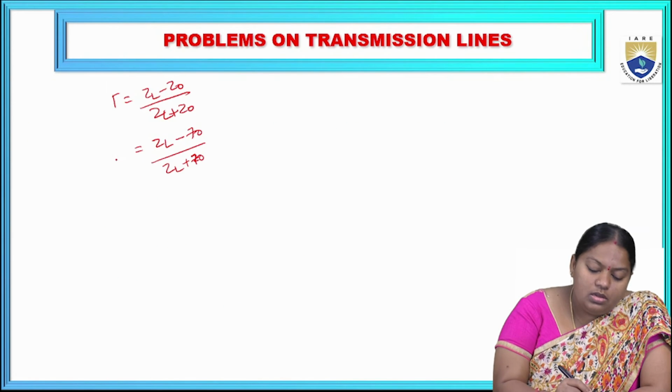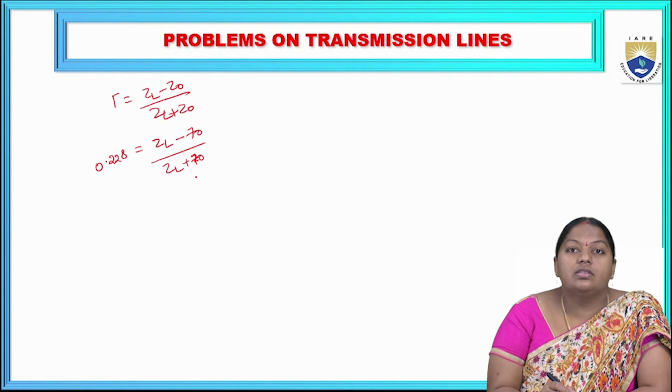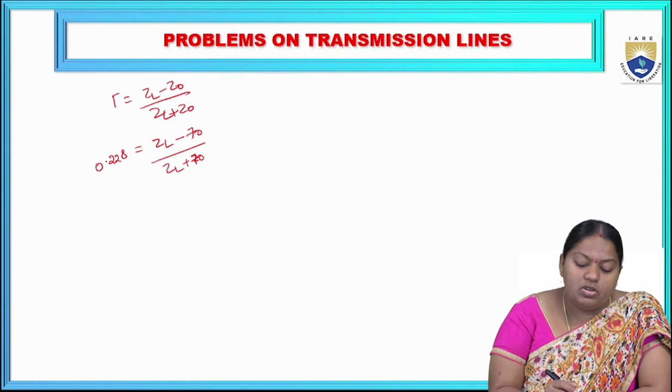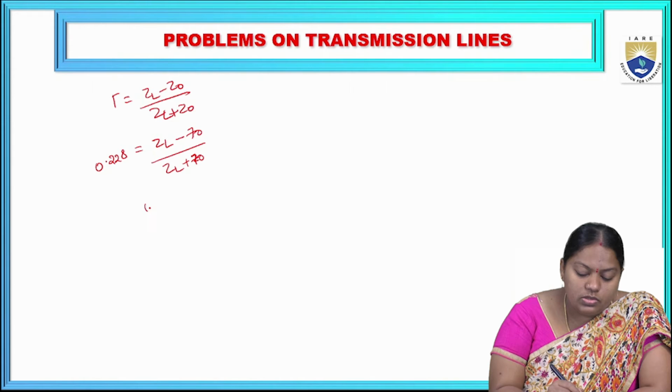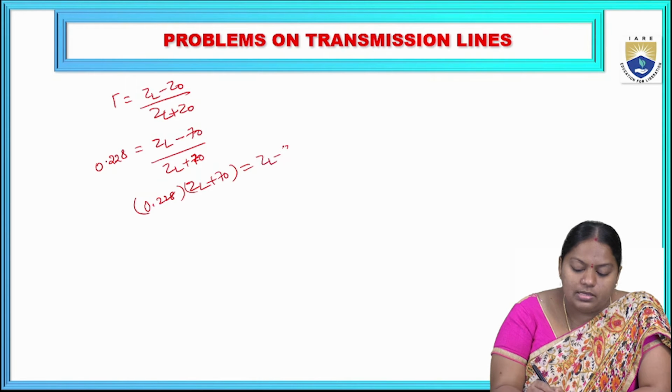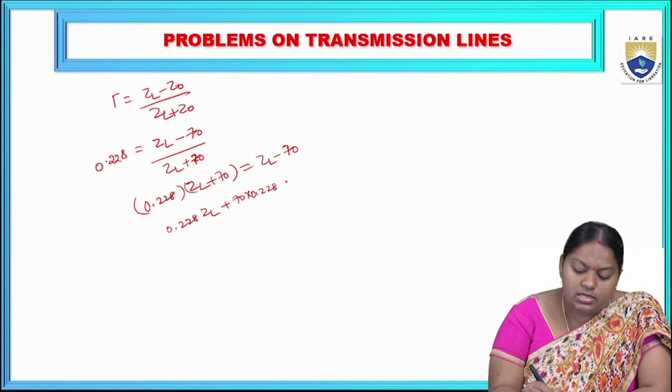So 0.228 is equal to (ZL minus Z0) by (ZL plus Z0). By simplifying this equation, we are going to get the load impedance ZL. So 0.228 into (ZL plus 70) equal to ZL minus 70.